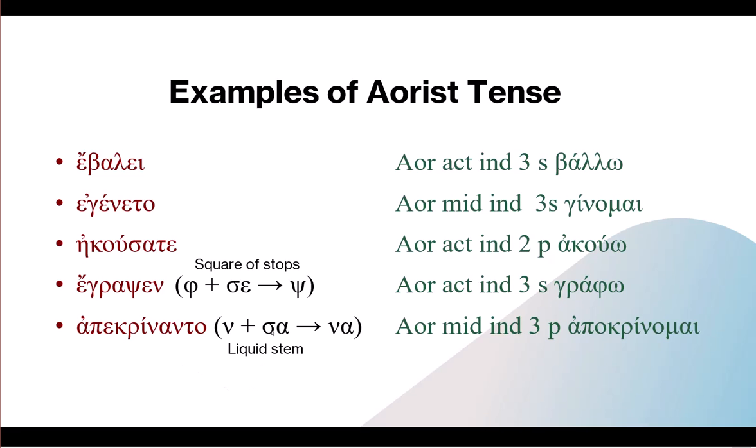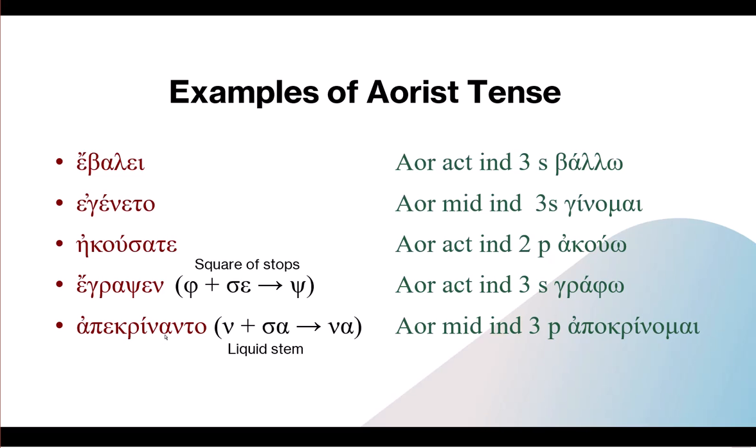And so here the sigma drops out and we just get na. So we get apekrinanto. So we do see the augment here in the epsilon from apo to ape, but we've lost a little bit of our information. We've lost the sigma that is helpful in telling us that we're looking at an aorist, a first aorist.